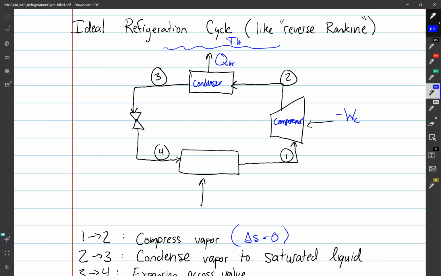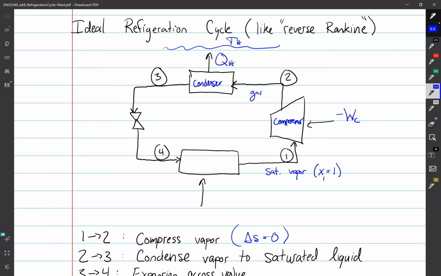So we're going through our compressor as a gas. Then we're going to cool down and condense to here a liquid. So here we have a gas. Over here we have a saturated vapor. Should be X equals 1.